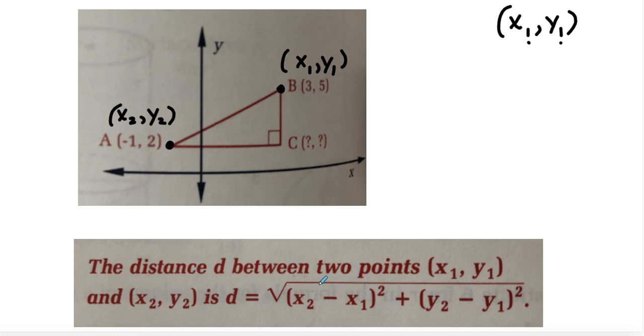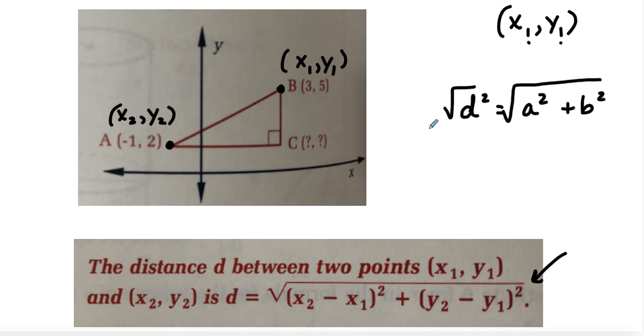The distance formula is d equals the square root of x2 minus x1, squared, plus y2 minus y1, squared. We subtract the x's and square them, subtract the y's and square them, and then take the square root. It looks very similar to the Pythagorean theorem it's derived from, one step earlier: d equals the square root of a squared plus b squared.